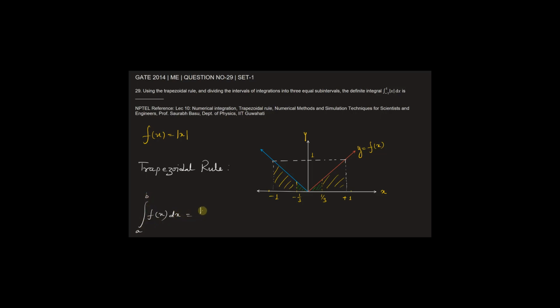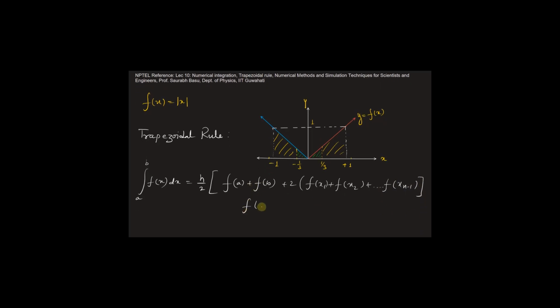This is given by h by 2 multiplied by f of a plus f of b plus 2 times f of x1 plus f of x2 plus up to f of x n minus 1. Here f of a we can also write as f of x naught, and f of b is equal to f of xn.